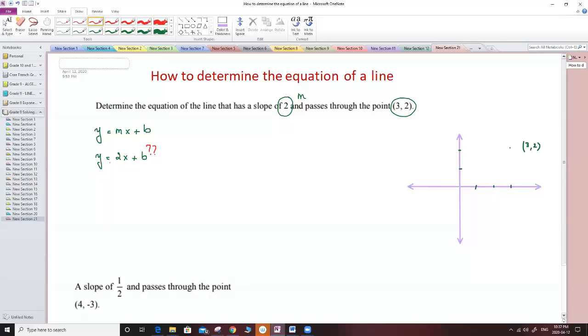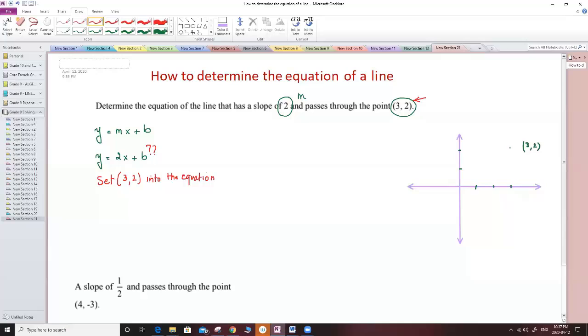However, I can use the point that is over this line, because when this point is over this line, it makes the equation of the line true, which means I can set this point (3, 2) into the equation.